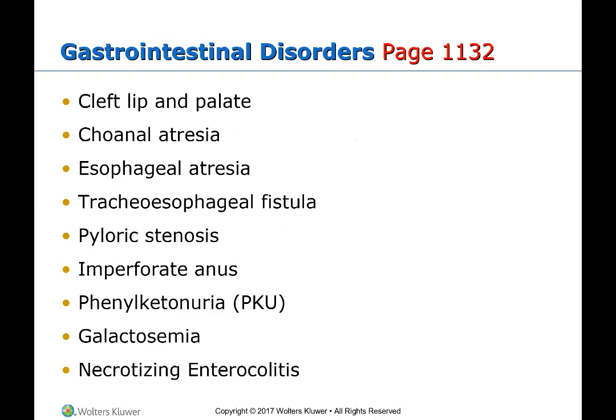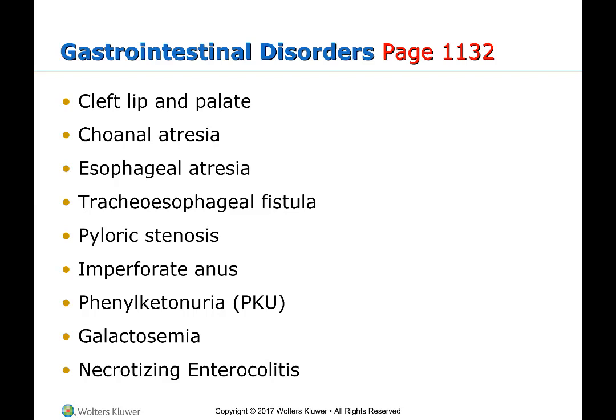Gastrointestinal disorders. Well, we have a long list under this one. And remember, I said this could go from the mouth. So we have the mouth, the throat, the esophagus, the stomach, small intestine, colon, rectum, anus, etc. So anywhere in there. So we'll start off with cleft lip and palate. So about one in 1,000 births. So that's about what? 0.1%.